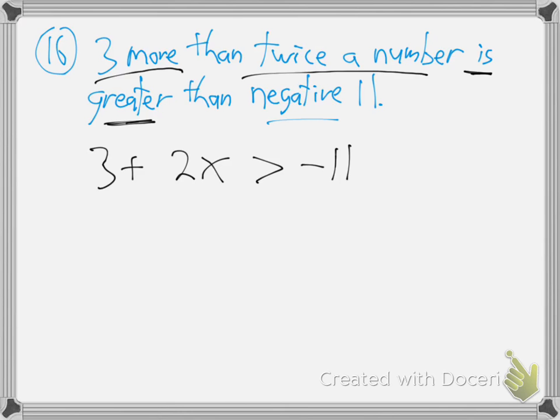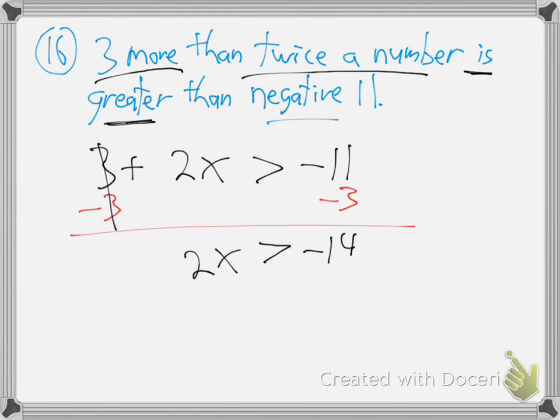So what do we do to get x alone? What's that going to be on the other side? Minus 14.